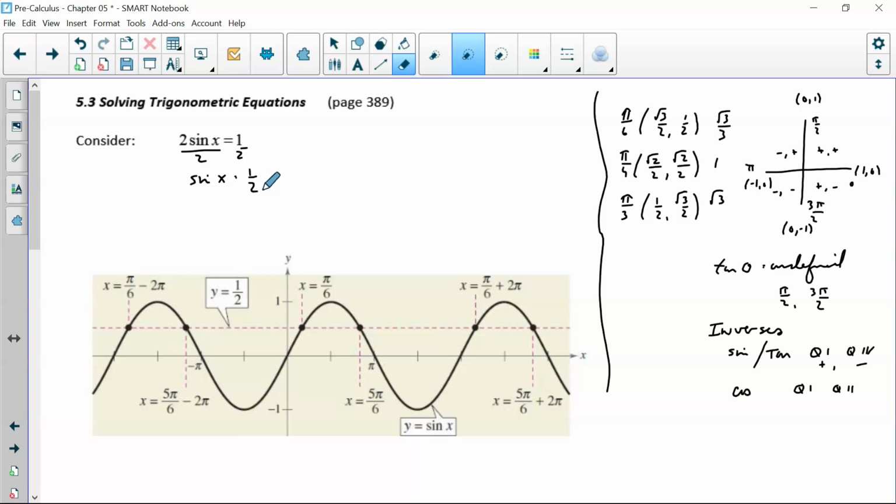If you look when the sine of x is 1/2, that's the y value. Sine of theta is our y, cosine of theta is our x. So when is our y 1/2? At pi over 6.